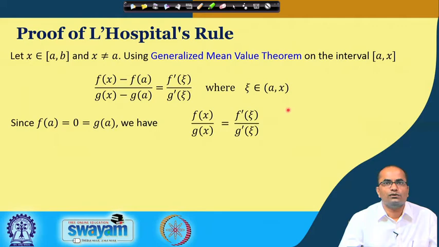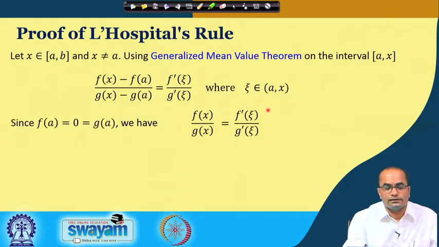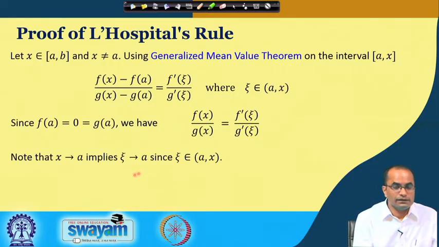So, now you note that if we take the limit as x goes to a, since this xi belongs to the open interval a to x, then if x goes to a, naturally xi will also go to a.